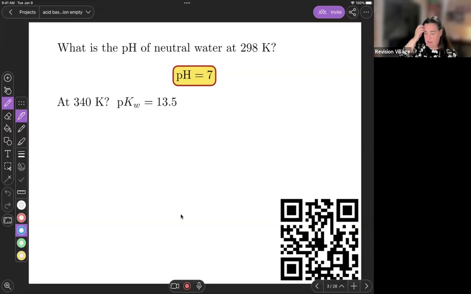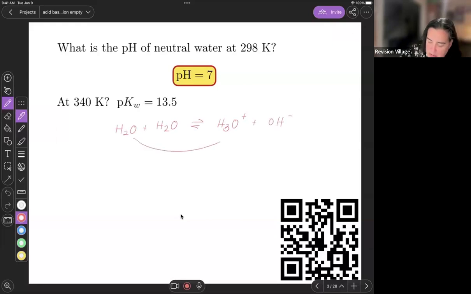Some of you are writing it down, but just to slow this down for a second, I want to remind you what the Kw is. The Kw is the equilibrium constant for the autoionization of water. That means that 2 water molecules come together and one donates a proton to the other. So this one who gained the proton is going to be a base.